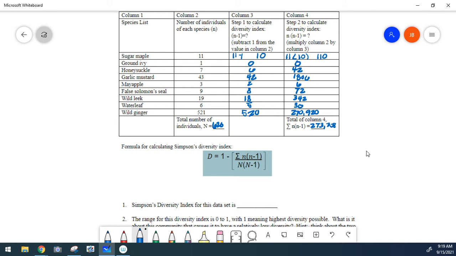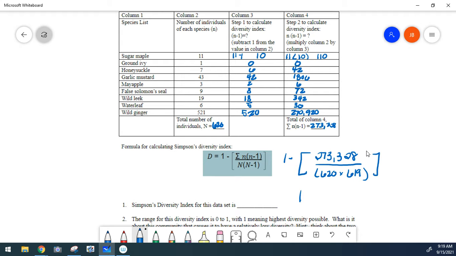So now I need to fill my numbers in to this equation. I'm going to say 1 minus, and then I'm going to set this up as this number right here, the n times n minus 1, so that's going to be 273,328, over, and at the bottom, it's going to be big N times big N minus 1. So that's going to give me 620 times 619. Then I'm going to simplify that and subtract from 1.